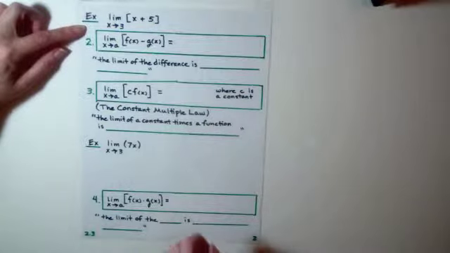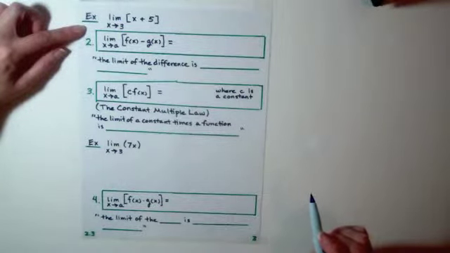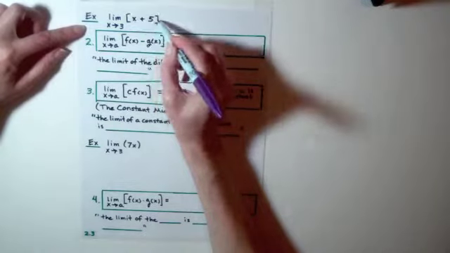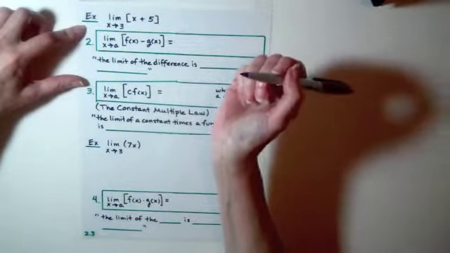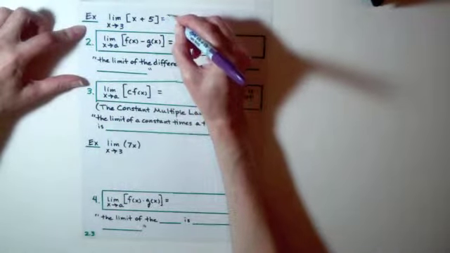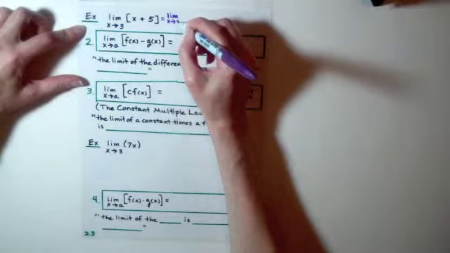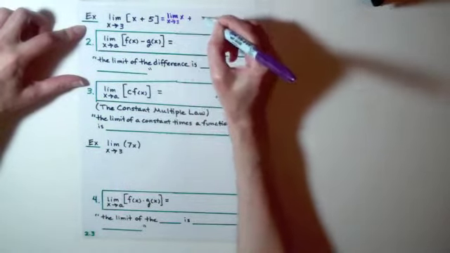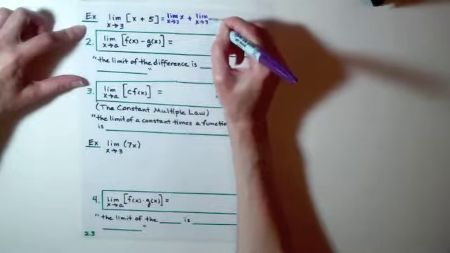Of course, we could graph it and find the limit that way, but that takes time, and it can also be somewhat inaccurate, as we discussed at the beginning of this lesson. So instead, what we're going to do is take this sum and break it into two easier limits. So the limit of this sum function is the same as the sum of the individual limits. So this would be the same as the limit as x approaches 3 of x plus the limit as x approaches 3 of 5.